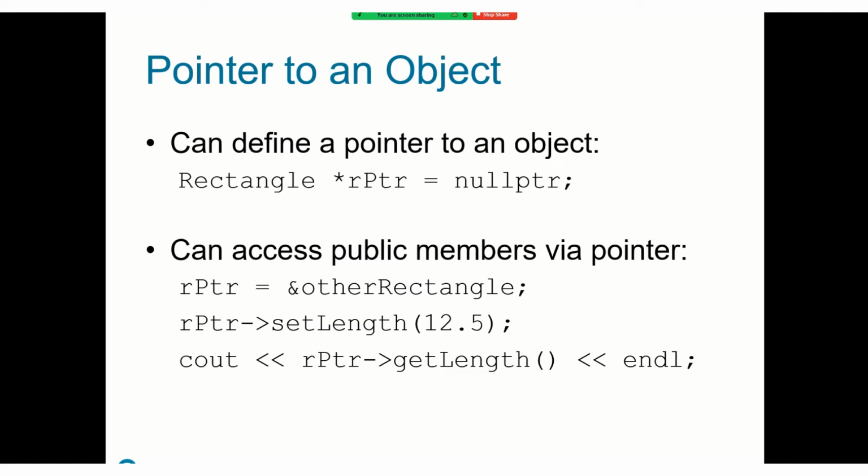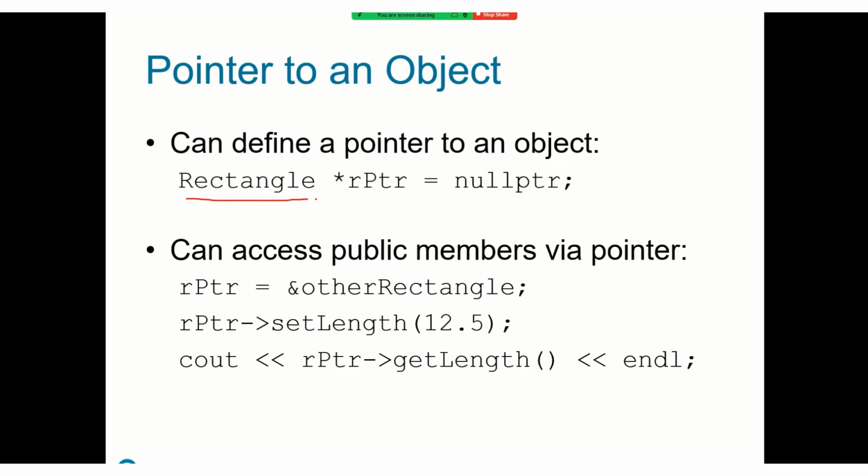So the next thing is the pointer to an object. So you were doing the C++ programming, and now comes the pointer. That's an important consideration when you work on this. So let's do that. So basically, you can define a pointer to an object in this way.